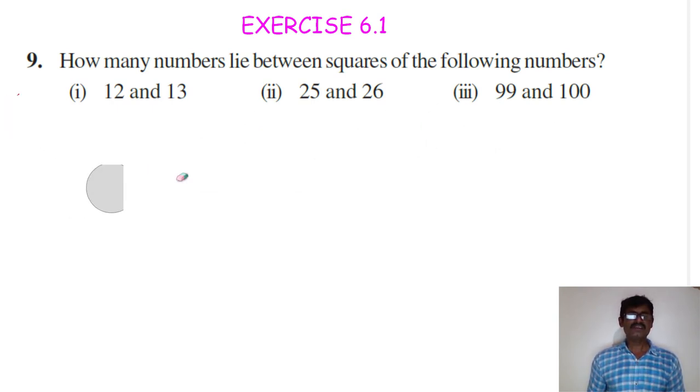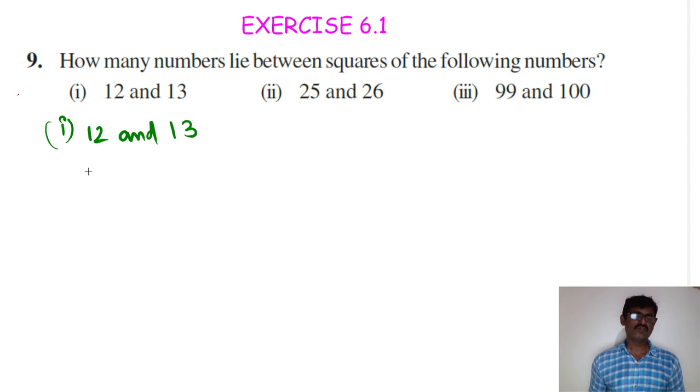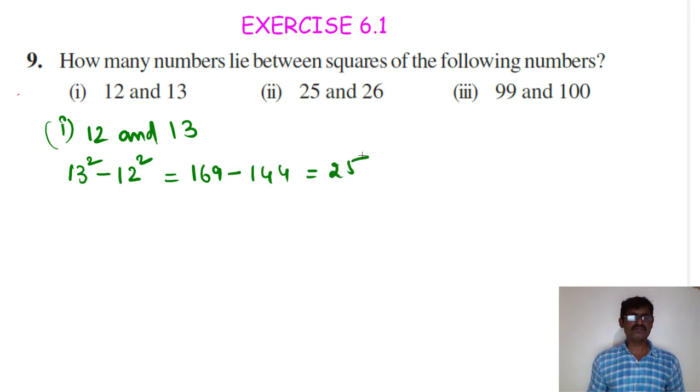Similarly, if we take the first one, 12 and 13, we need to take 13 square minus 12 square. 13 square is 169 minus 12 square, which is 144, which is equal to 25.